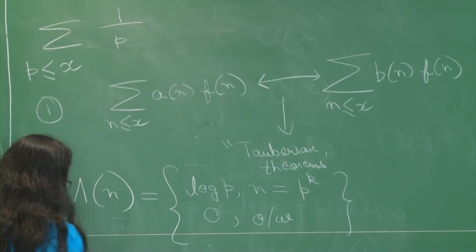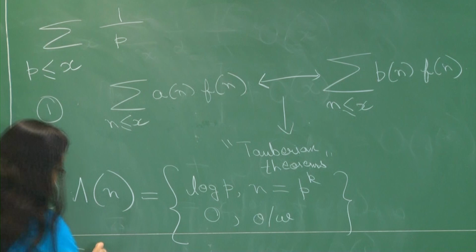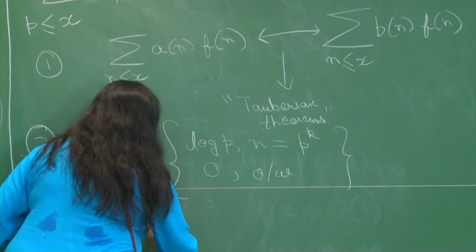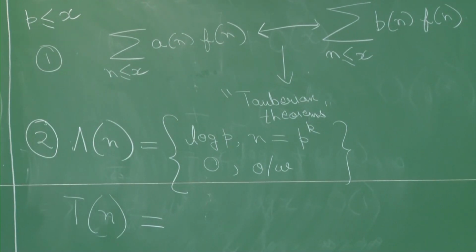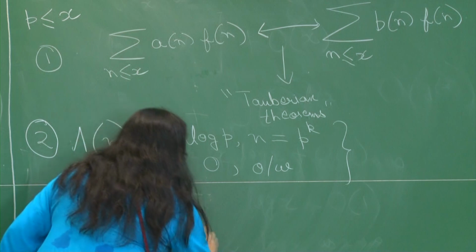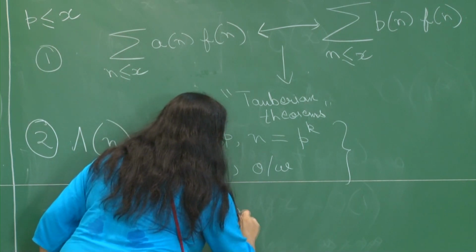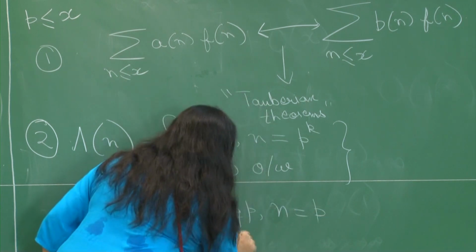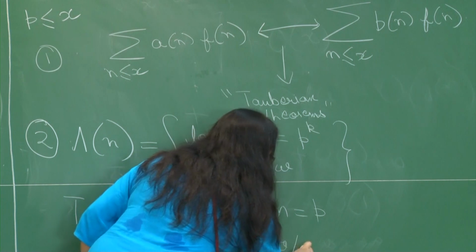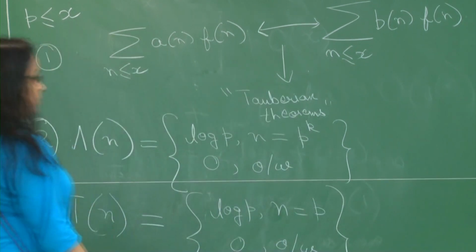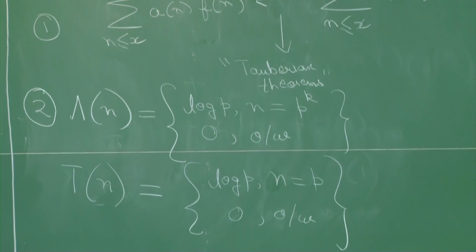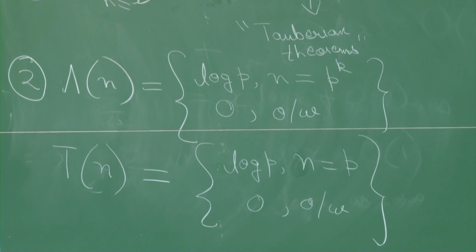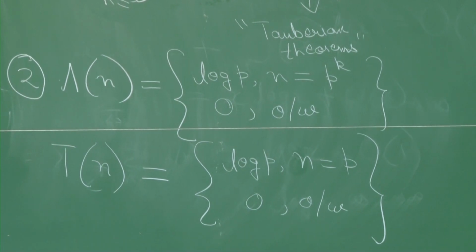Another function that we learnt, and we saw that the partial sums of these two are asymptotically the same by an application of the partial summation technique, is log p exactly when n is a prime and 0 otherwise. We studied these functions and how they are related to the prime counting function.